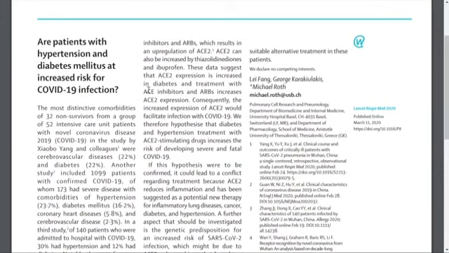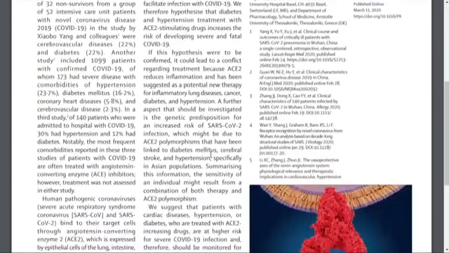And they talk about how ACE inhibitors and ARBs increase ACE2 expression. The increased expression of ACE2 would facilitate infection with COVID-19. We therefore hypothesize that diabetes and hypertension treatment with ACE2 stimulating drugs increases the risk of developing severe and fatal COVID-19. Now, this is only a hypothesis.